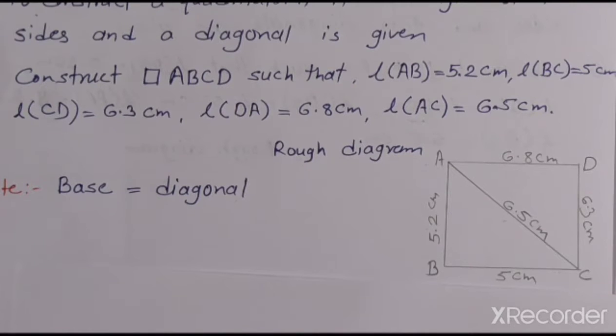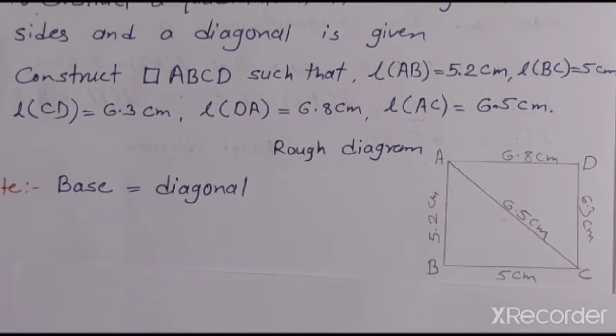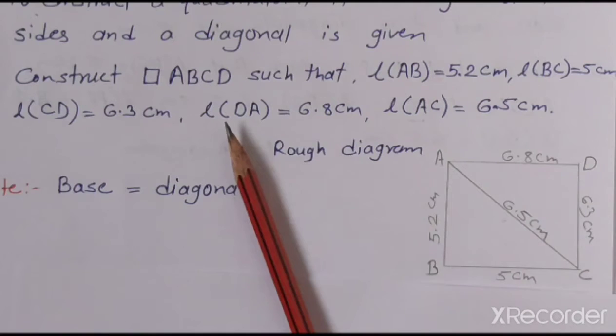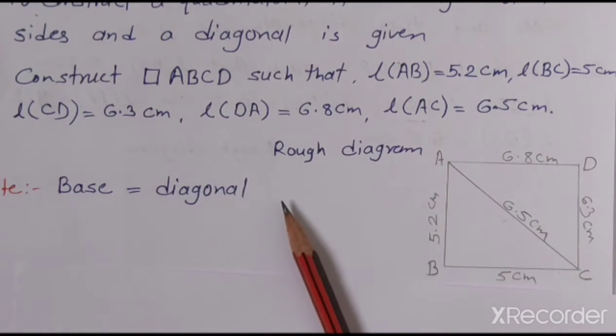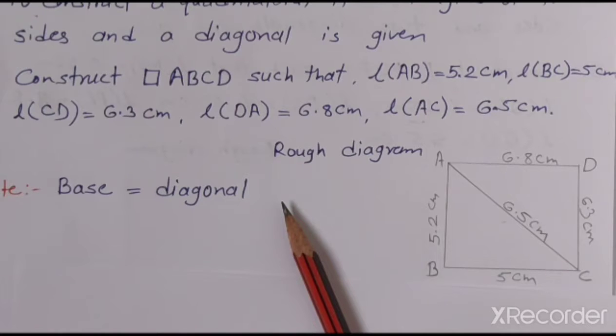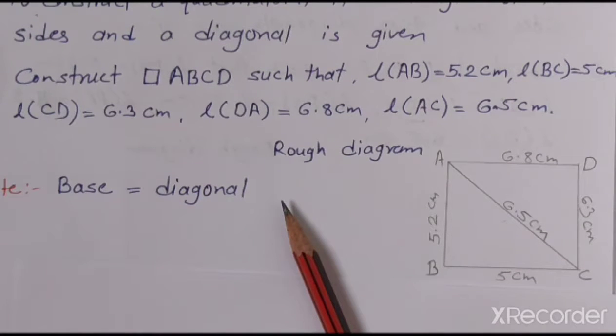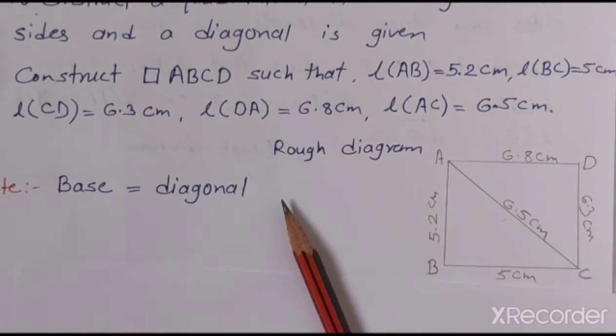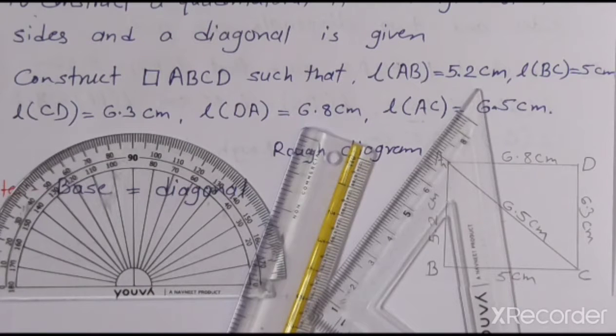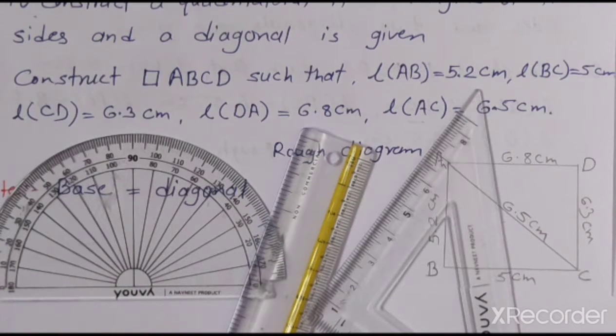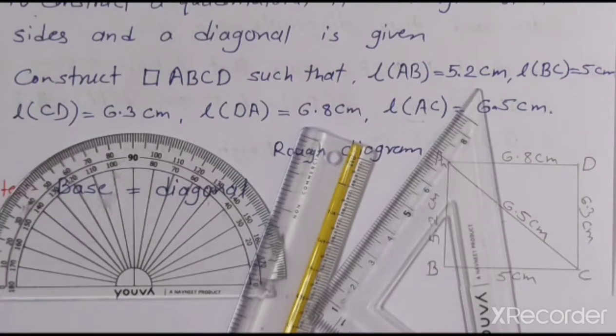Now before starting our geometrical construction, take some precautions while constructing. Our first precaution is the needle of this pencil has to be sharp, so that markings on this instrument are visible to our eyes.